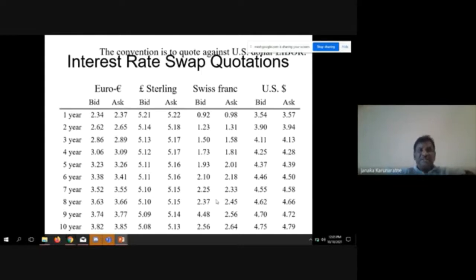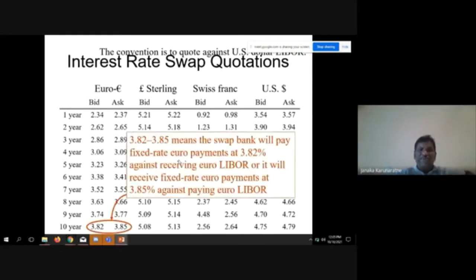Based on the swap brokerage price, you know how much you have to pay and how much you receive. For example, take the euro 10-year rate, 3.82/3.85. It means the swap bank will pay fixed rate euro payments at 3.82 against receiving euro LIBOR, or it will receive fixed rate euro payments at 3.85 against paying euro LIBOR.